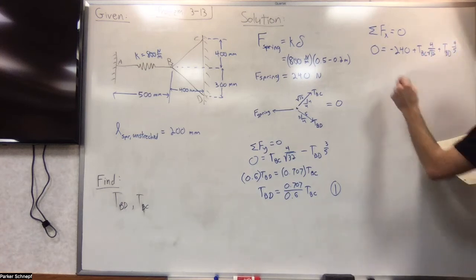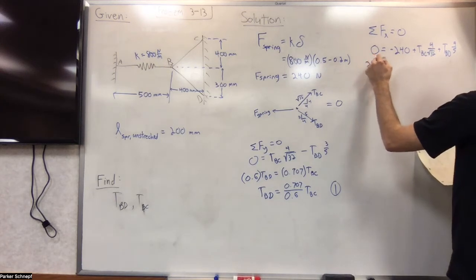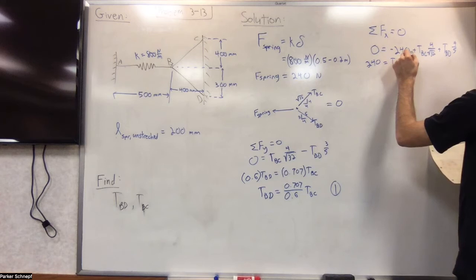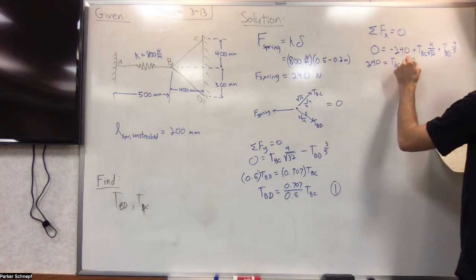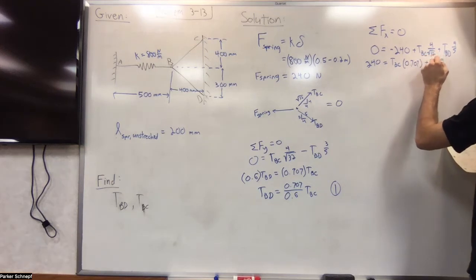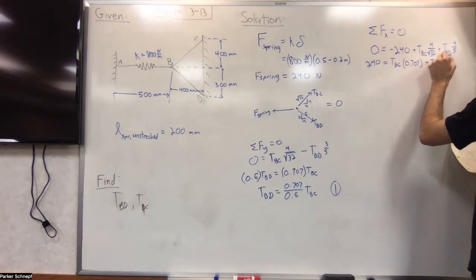And I can simplify that one step further, and I get TBC times 0.707 plus TBD times 0.8.